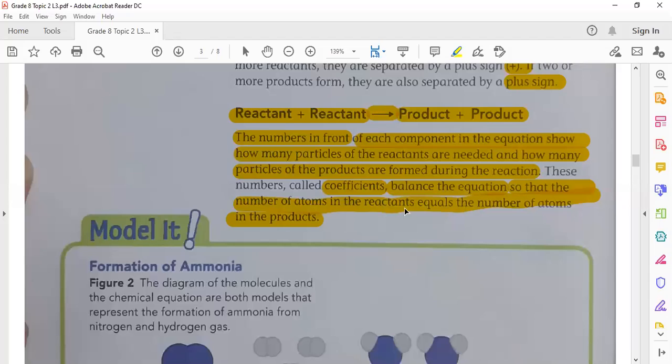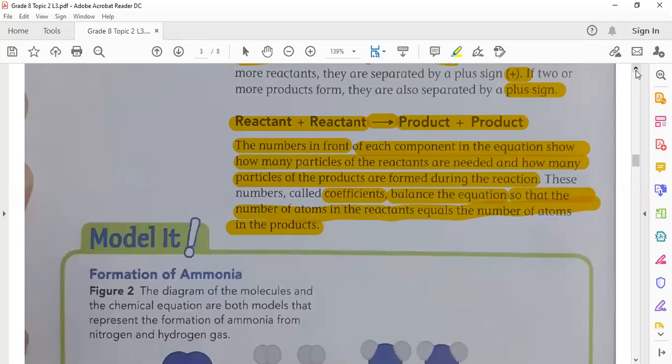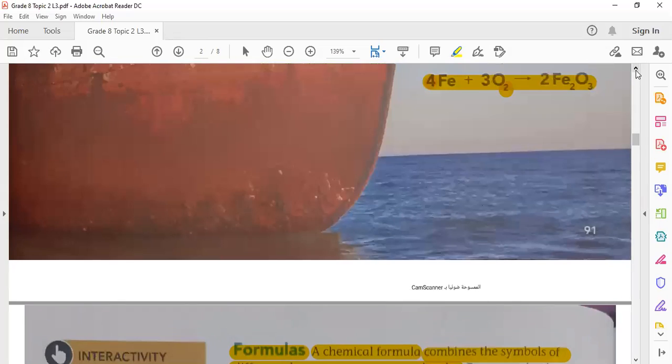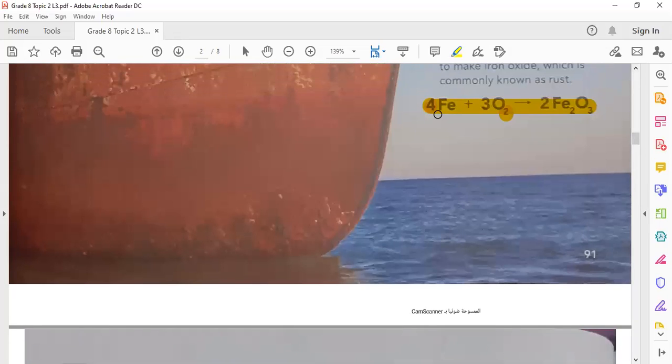For example, here we have 4 iron atoms. If we have 3 here, your equation is wrong. You have 6 oxygen atoms here, so you must have 6 oxygen atoms here. You have 4 iron atoms here, you must have 4 iron atoms here.